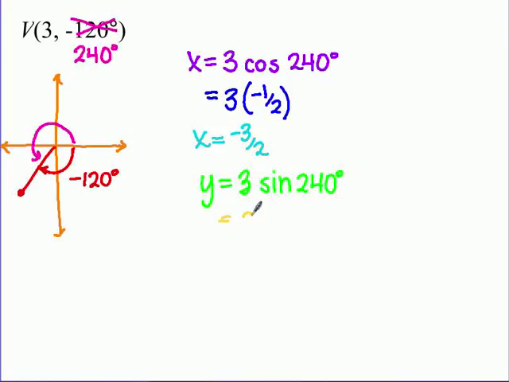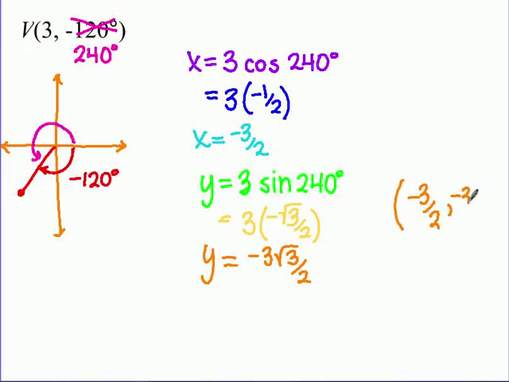So I've got 3 times negative root 3 over 2. When I multiply those two, I get negative 3 root 3 over 2. So your ordered pair is actually negative 3/2 and then negative 3 root 3 over 2. Questions?